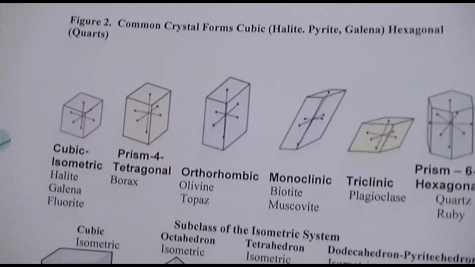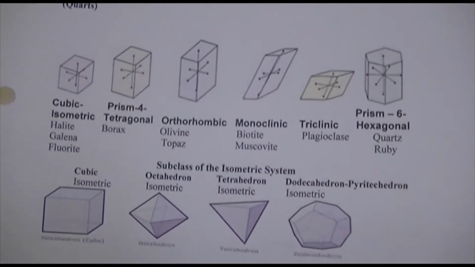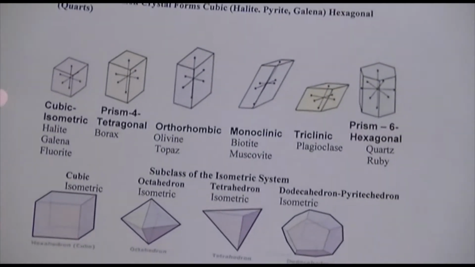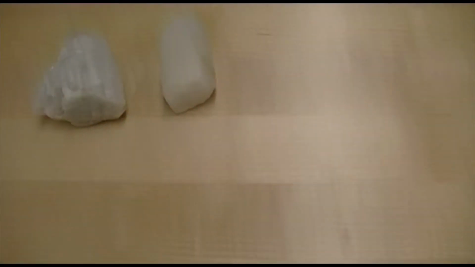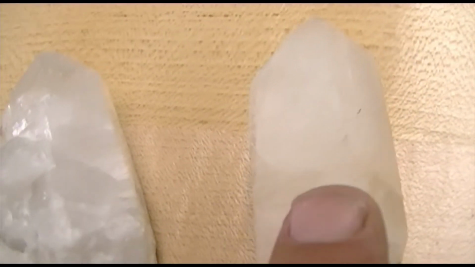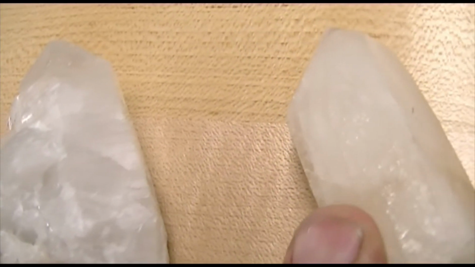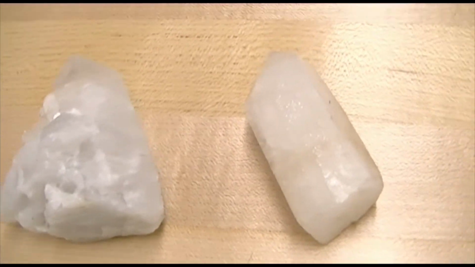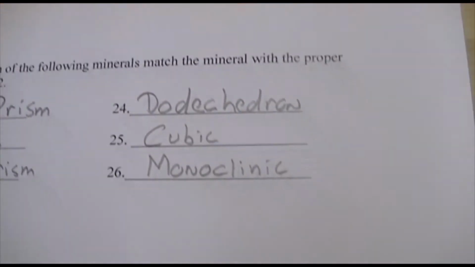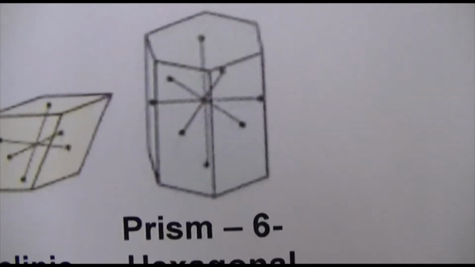So I have here on the lab sheet a good representation of a lot of the different crystal forms that minerals form naturally. So if we look at the first one here, number 21, this definitely has kind of a hexagonal shape to it. So this would be a hexagonal prism, and that would be very well indicated by the hexagonal prism here.